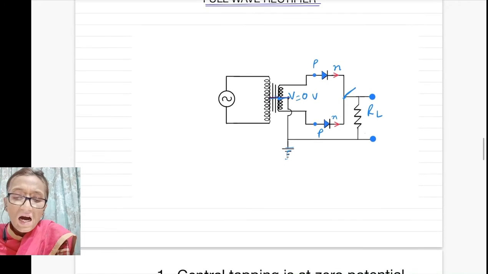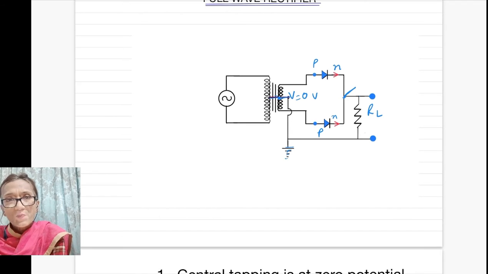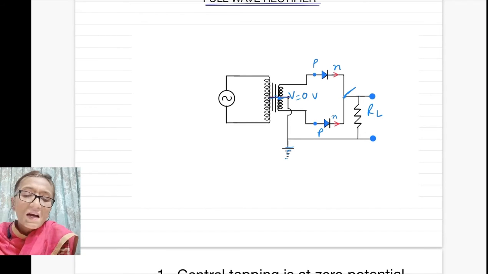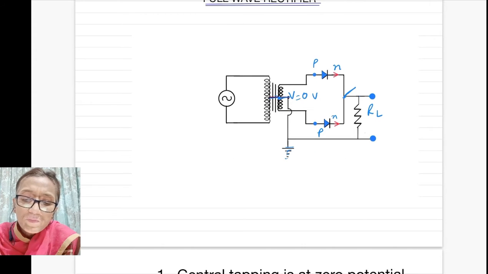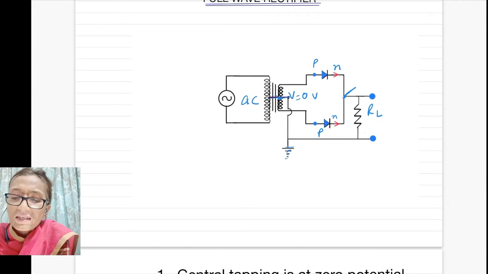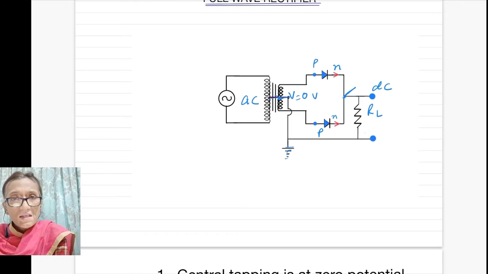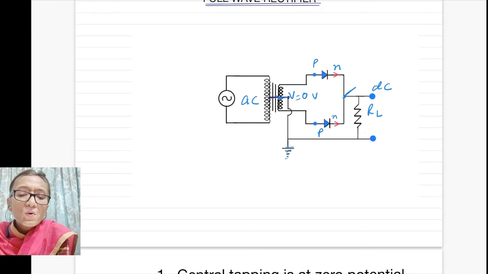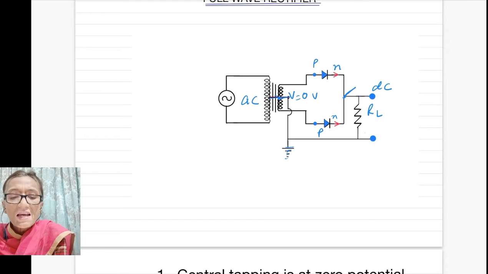In the first half time period, here you have AC and here you get DC. AC will be a sinusoidally time varying voltage or current, and due to the changing magnetic flux in the primary, an EMF of time varying nature will be induced in the secondary.